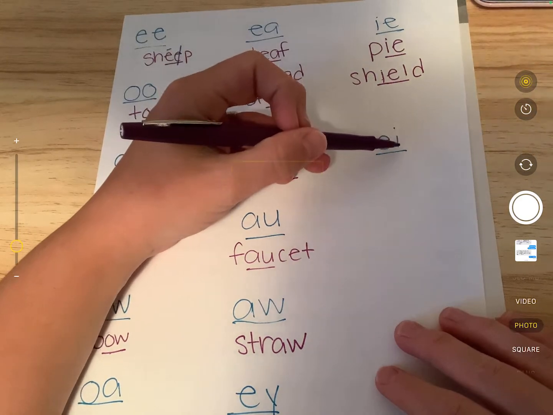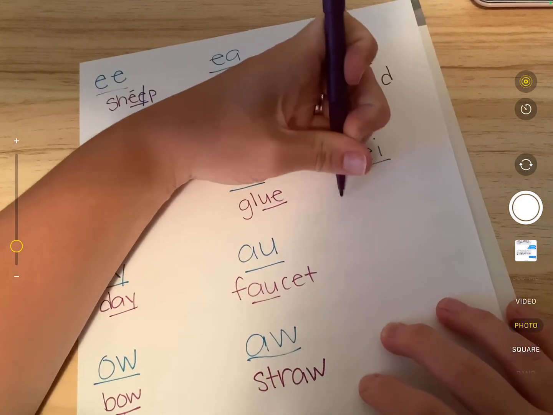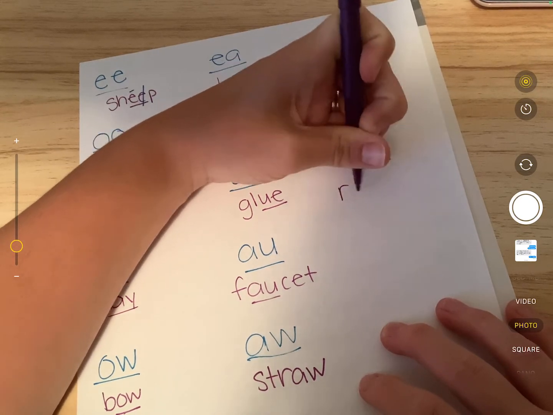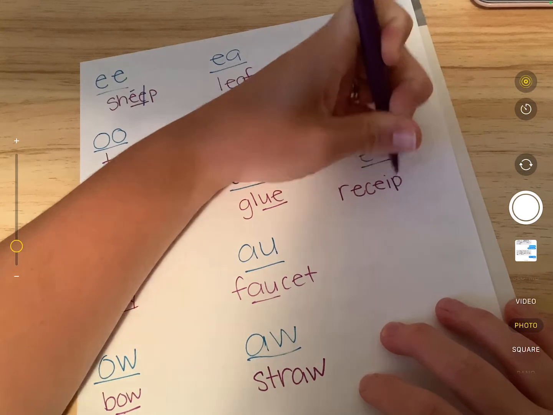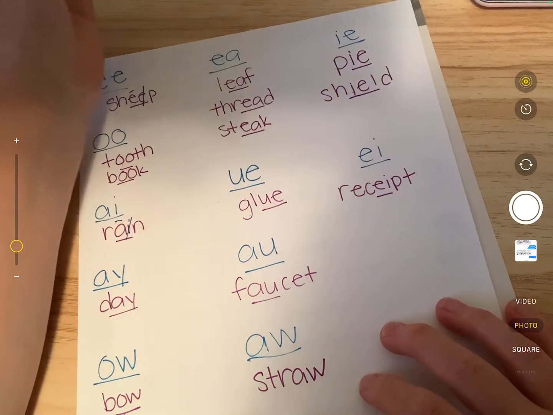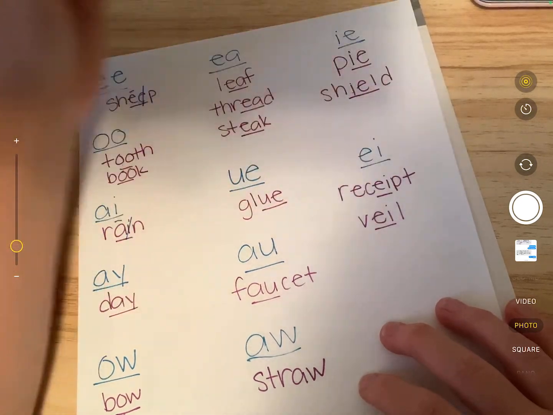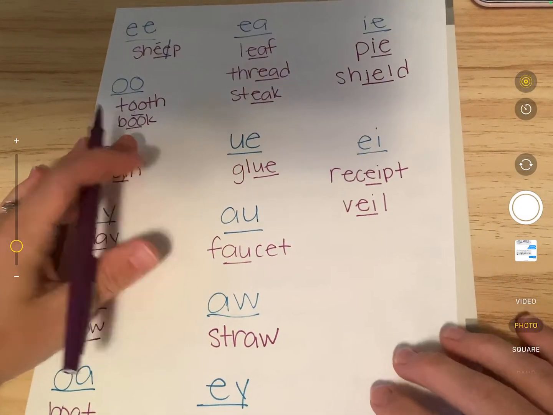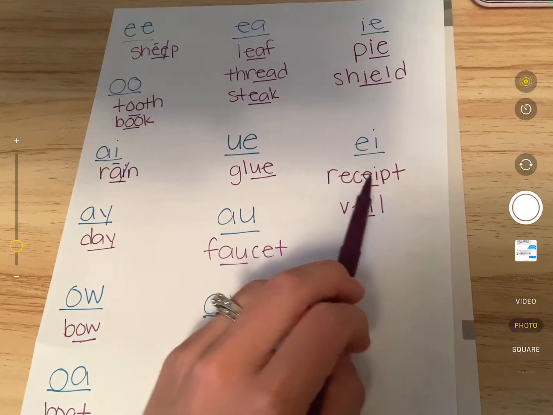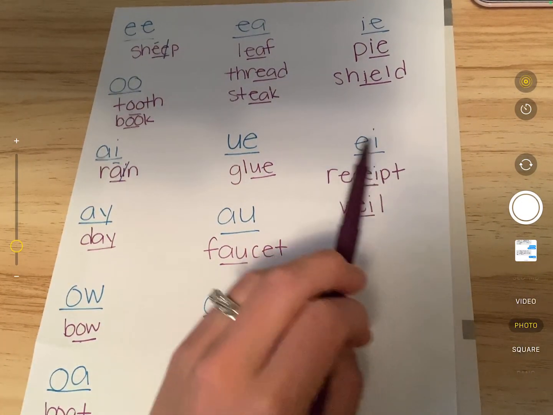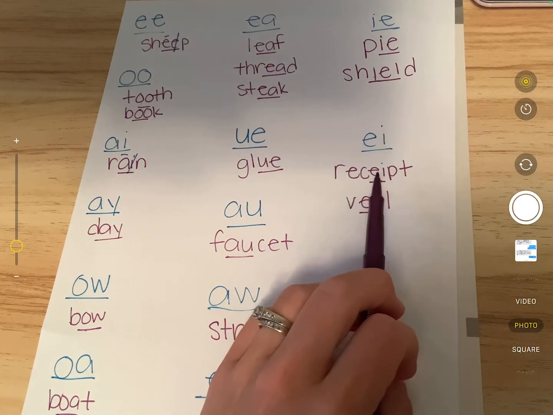Now, EI is a different story. Okay, here's two words with EI. This first word is receipt. I know that's weird because it has a P in it and you don't hear it. But this is the word receipt.